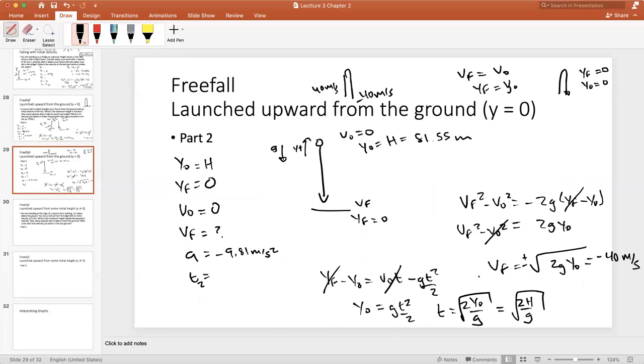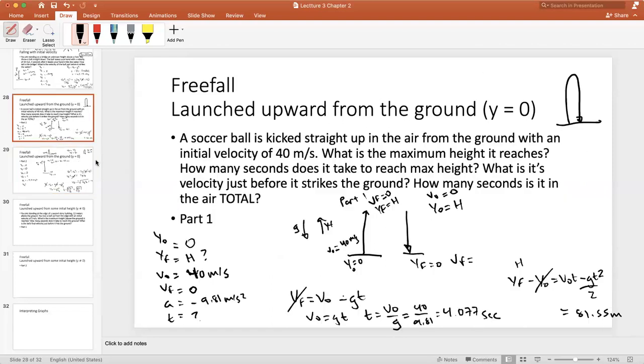Anyway, let me see if I can figure out something here. I wanted it in terms of h. So if I have y naught minus y final, nope.